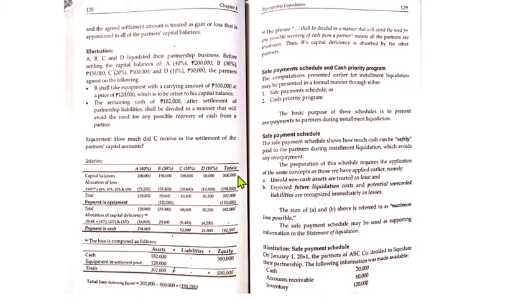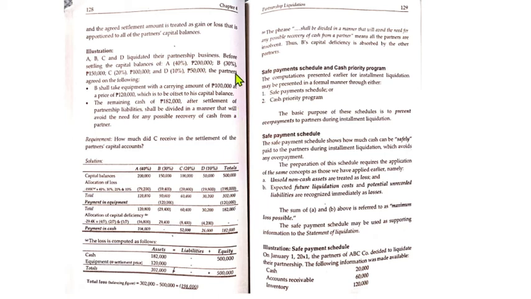Ang total available, ang sabi dito sa problem is 182 net of liabilities na yon, 182. Okay. However, dapat ito lang ang gagamitin mo kasi the cash available will be used in settling the capital balances of the partners.